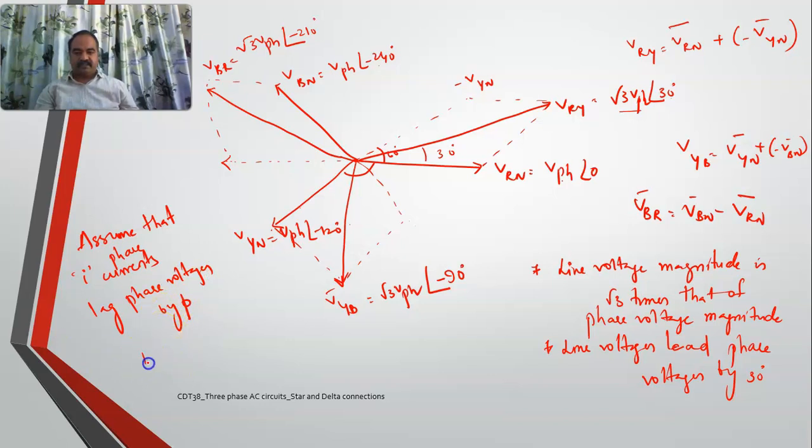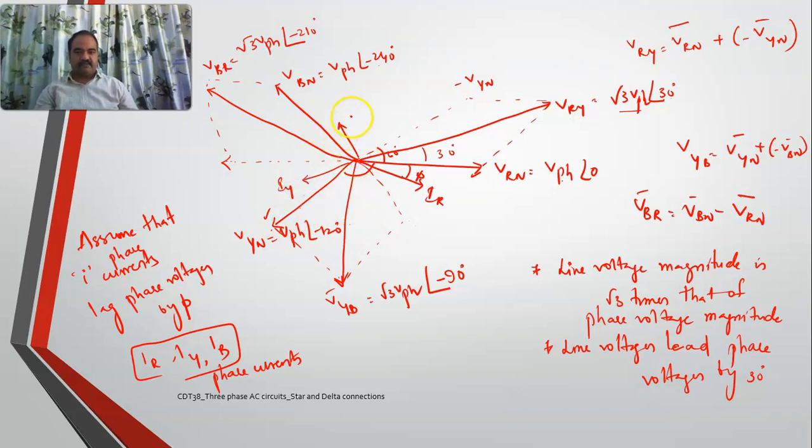Okay, so now I'll take IR, IY and IB, these are the phase currents, and they are lagging the respective voltages. This is a phase voltage, right? So this is phase current IR, and this is one more phase voltage, so here this will be IY, and this is VB, so this will be IB. Understood? This is how the phasor diagrams are drawn.